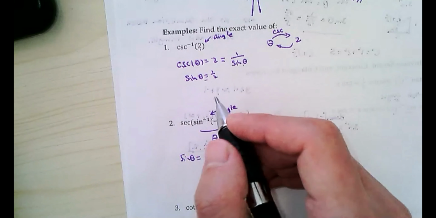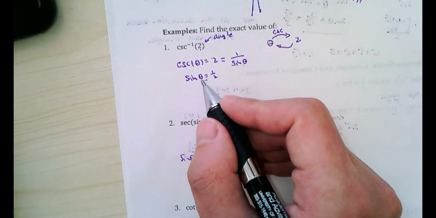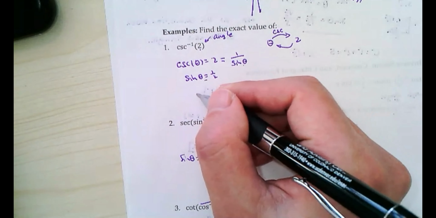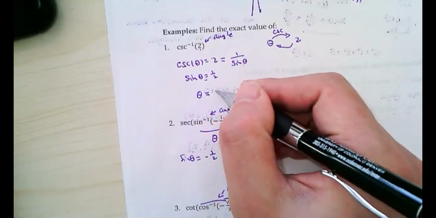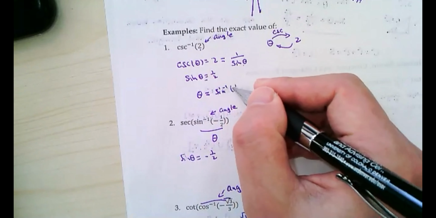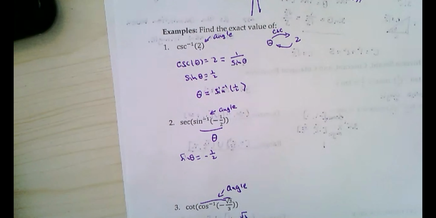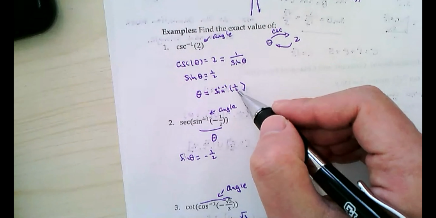So what is the angle of this guy? This angle is just theta equal to inverse sine 1/2. So what kind of value satisfies this relationship?